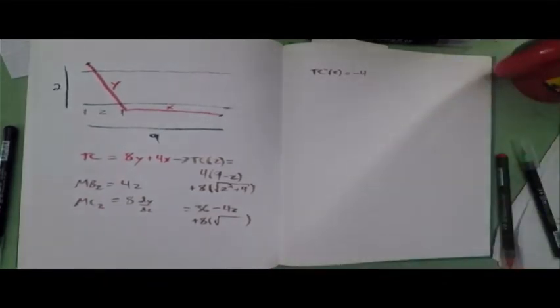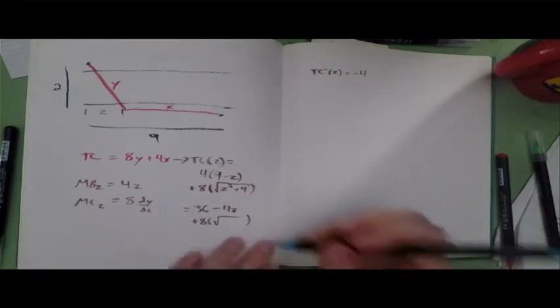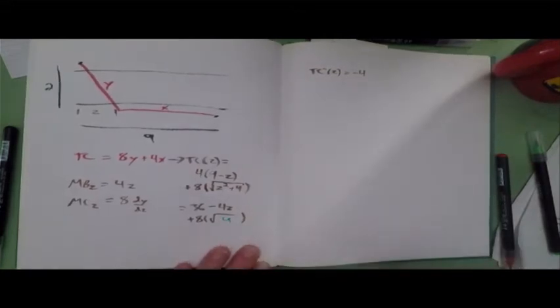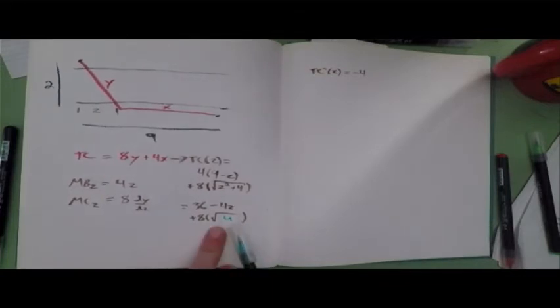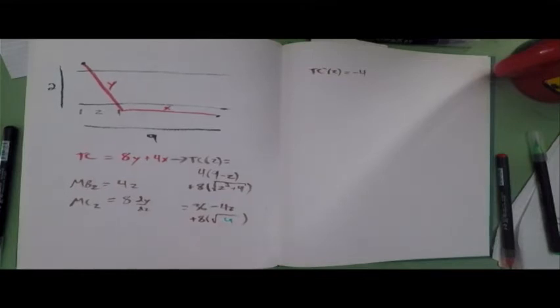I'm going to go ahead and rename some stuff. So I'll call it u. So I've got 8 times a function of u, and u is itself a function of z.